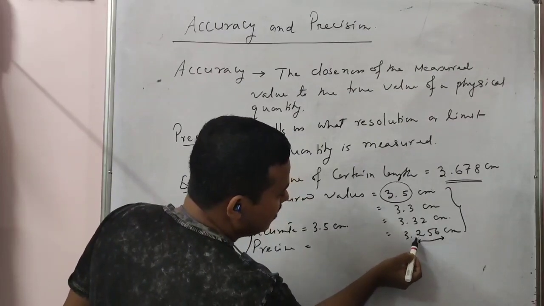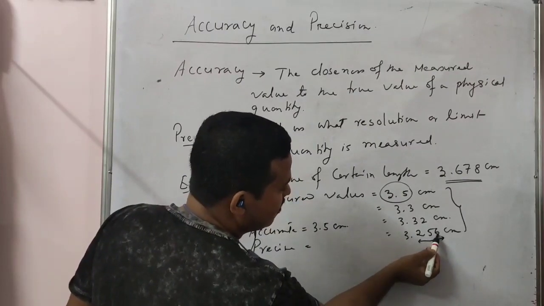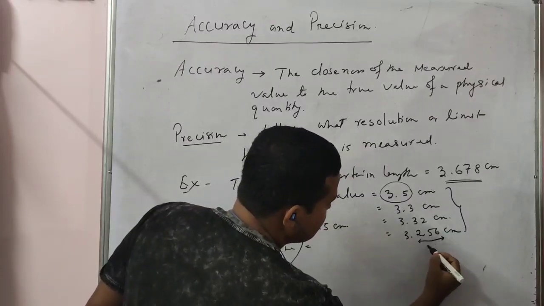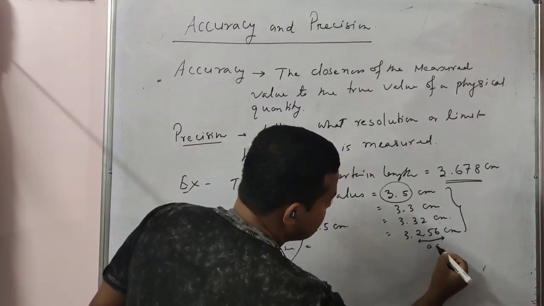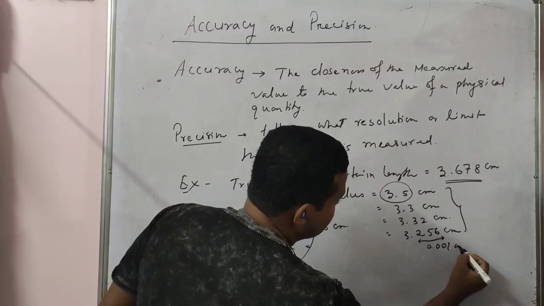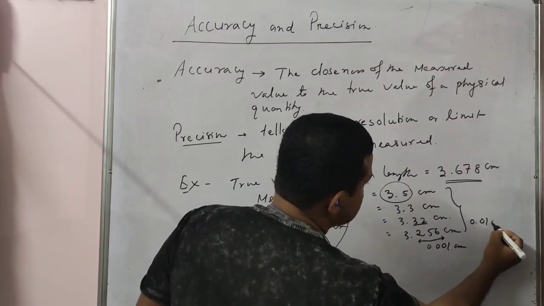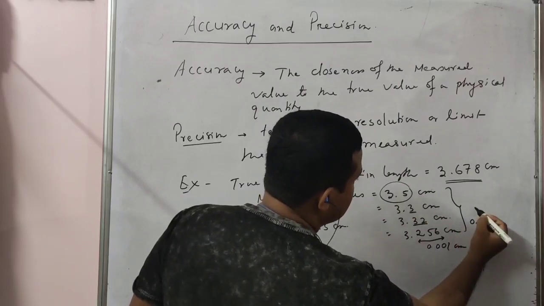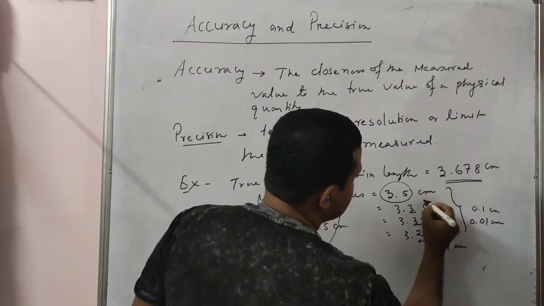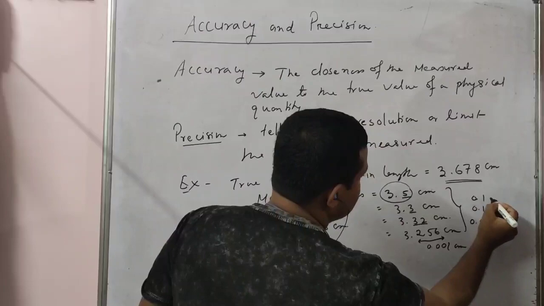So you see this one has 3 digits after the decimal point. So this device has least count 0.001 centimeter, and this one has least count 0.01 centimeter, and this one has least count 0.1 centimeter, and this also 0.1 centimeter.